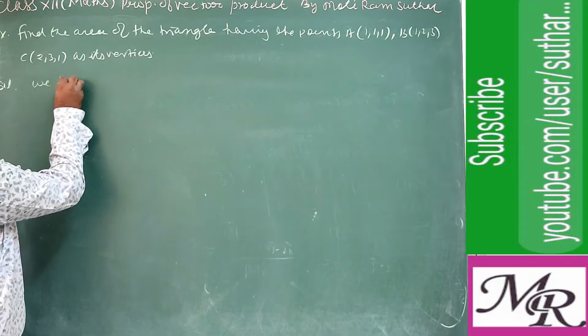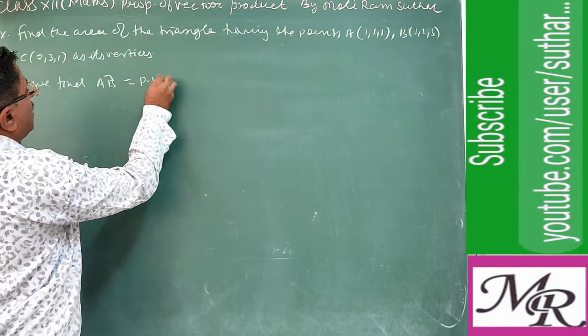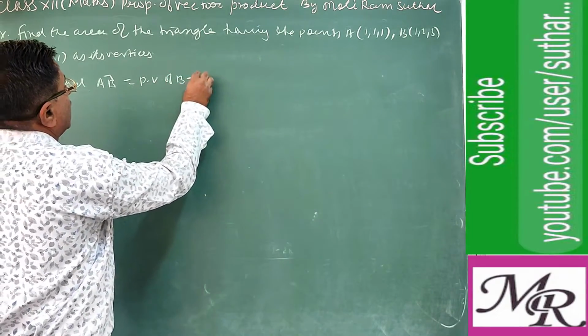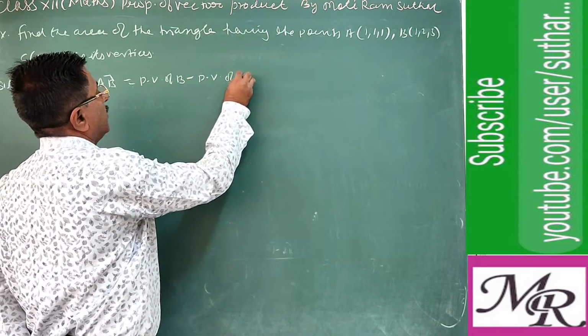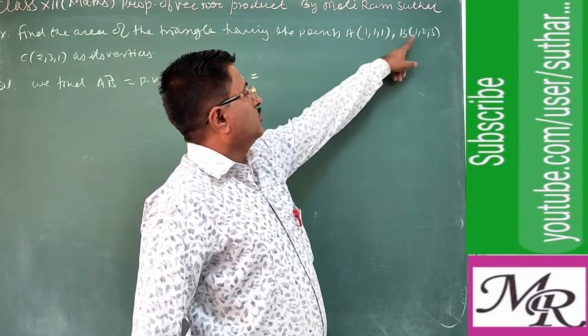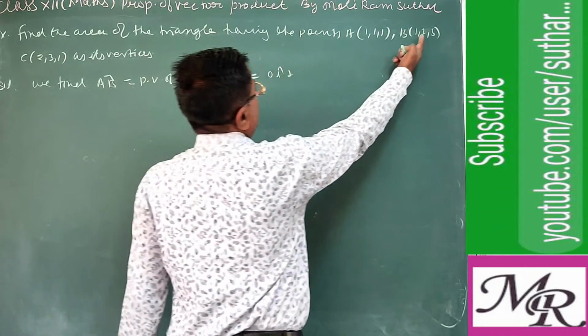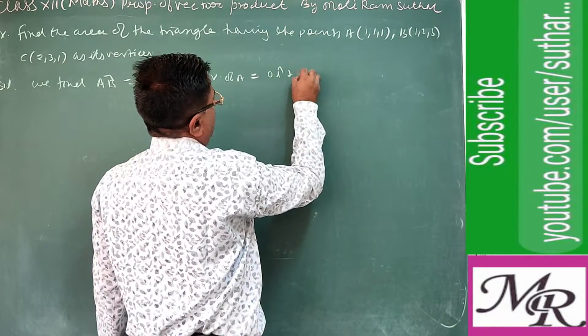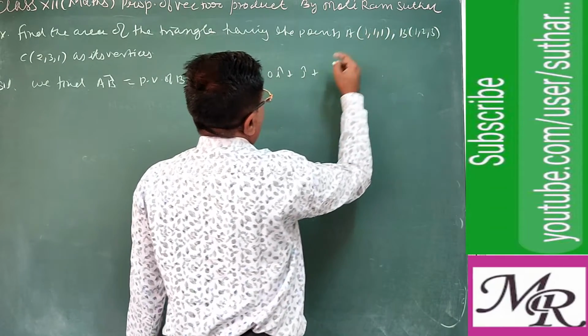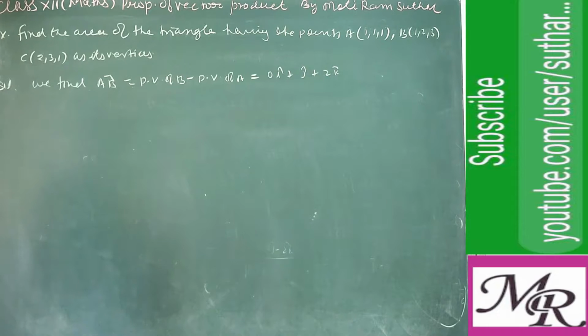AB means position vector of B minus position vector of A. Coordinate of B minus A: 1 minus 1 is 0, 2 minus 1 is 1, 3 minus 1 is 2k cap. So this is the vector AB.